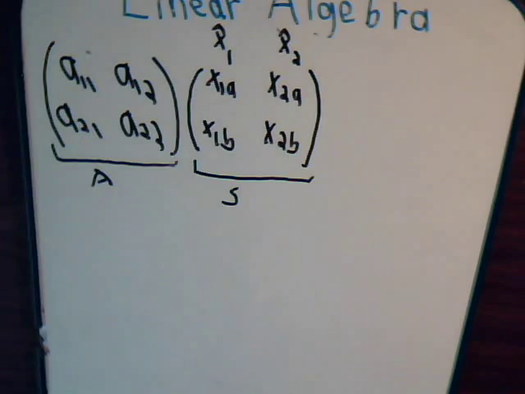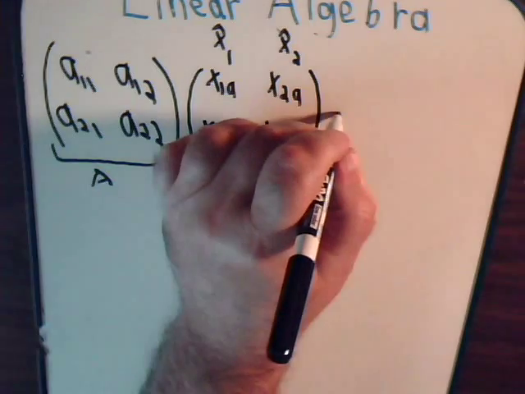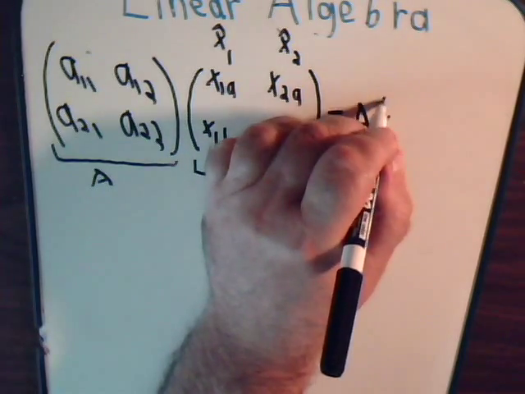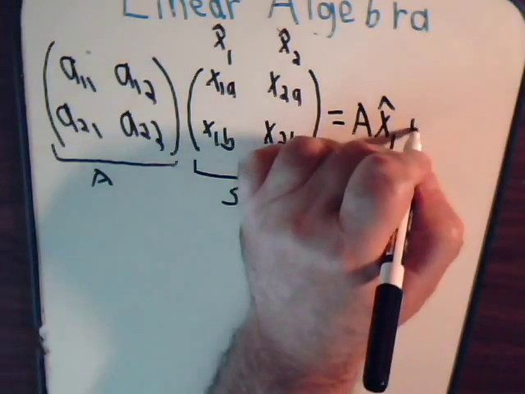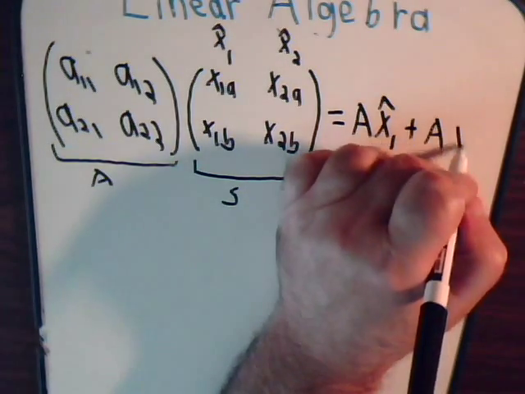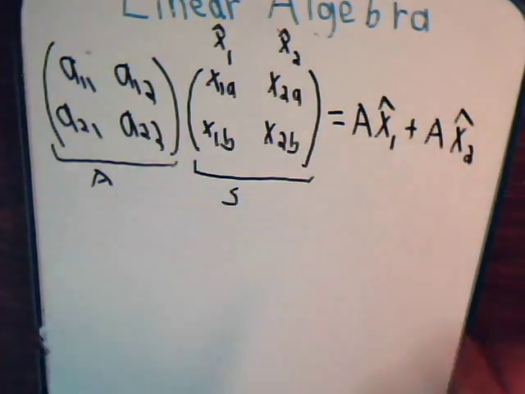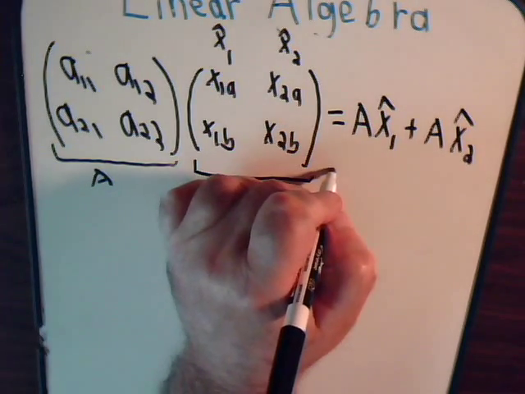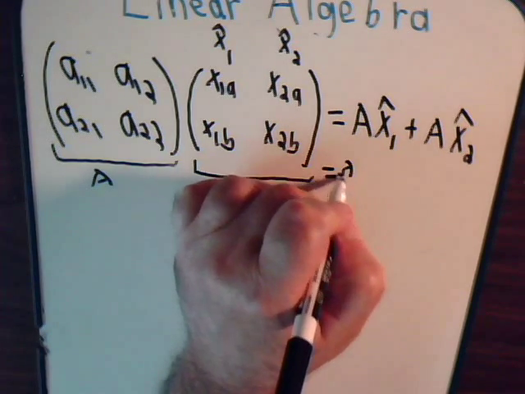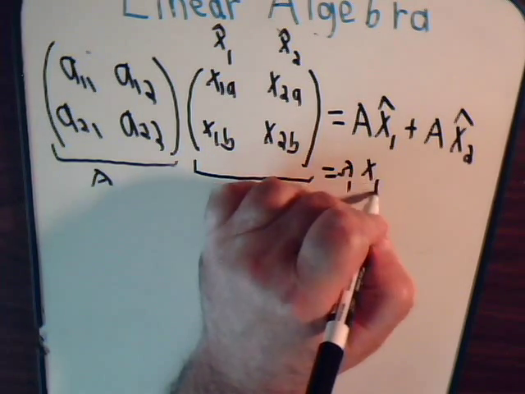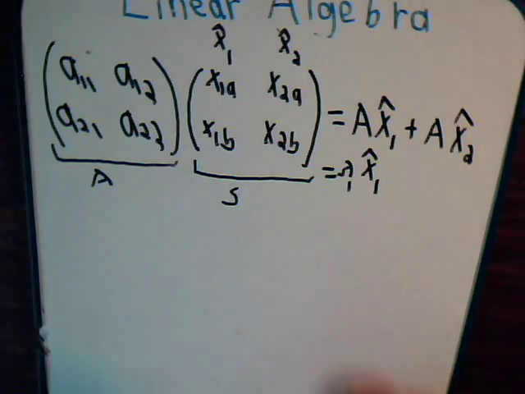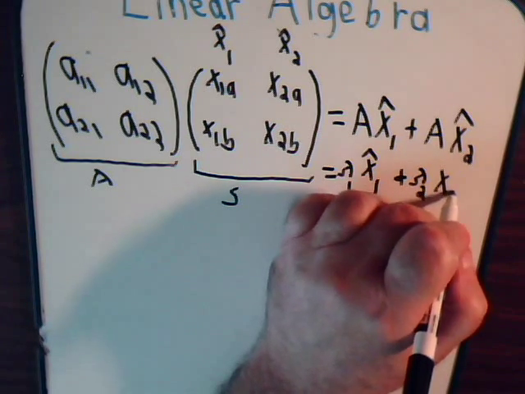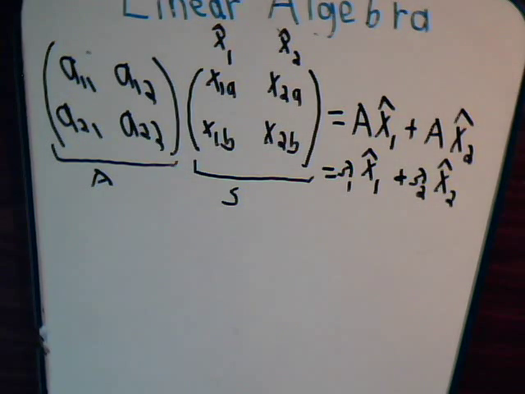Now, if we multiply these two together, then all we're going to get is A times eigenvector 1 plus matrix A times eigenvector 2. But because these are eigenvectors, this would also be equal to lambda 1 times that eigenvector plus lambda 2 times this eigenvector.